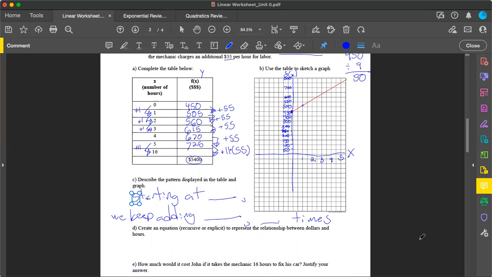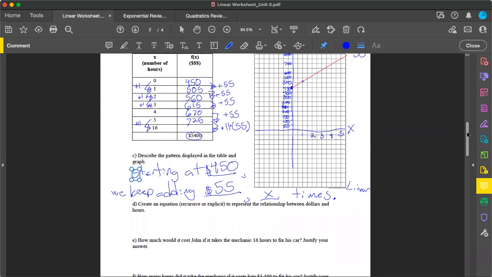Take a moment, and the answer will be here in a second. You could have said starting at $450, we keep adding $55, X times or X hours. That's okay. You could also say it's linear, but that should be something you already know because it's a straight line and it's adding on in the same fashion.